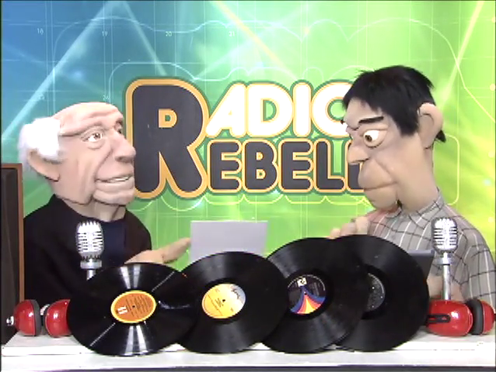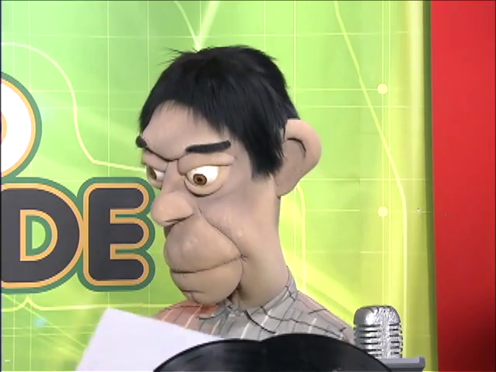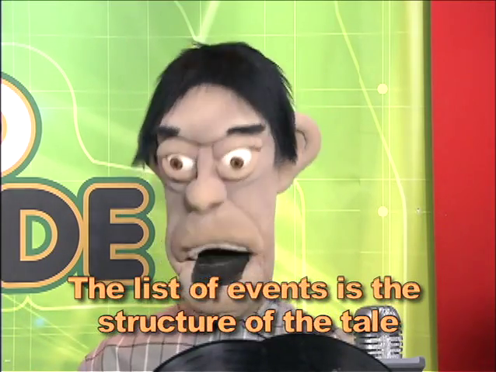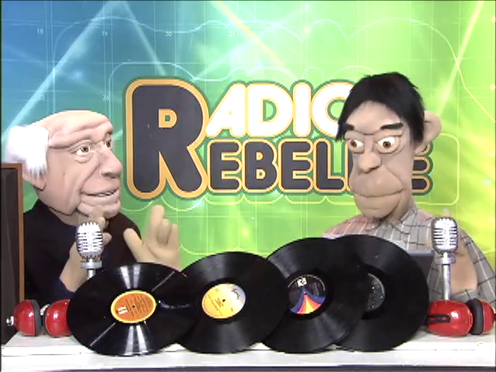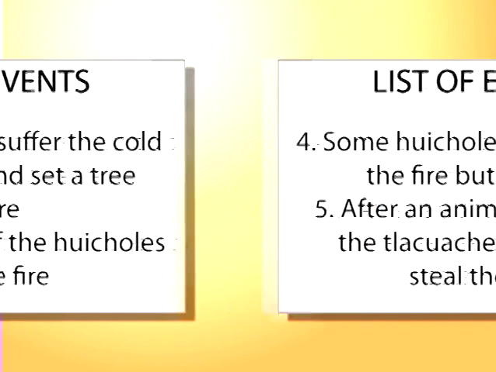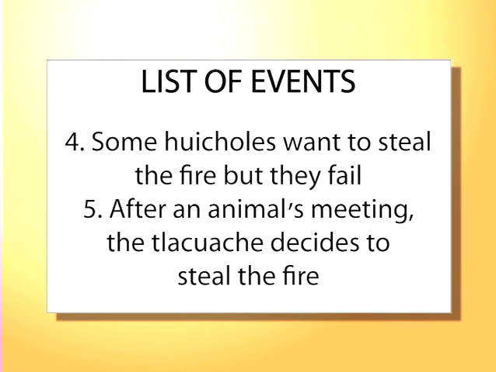Look, this is the list of events of my story. Ah, the list of events is the structure of the tale. Let's see. The huicholes suffer the cold. A star falls and sets a tree on fire. The enemies of the huicholes find the fire. Some huicholes want to steal the fire, but they fail.